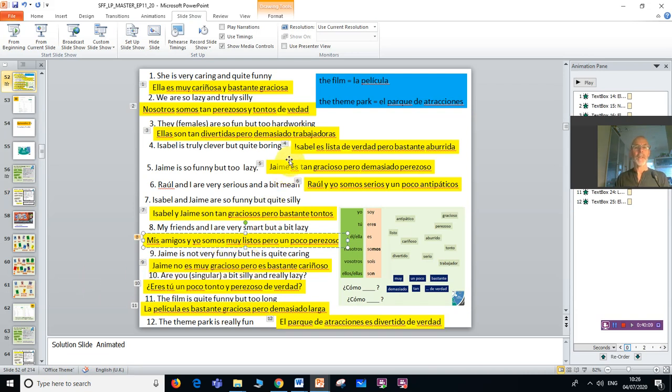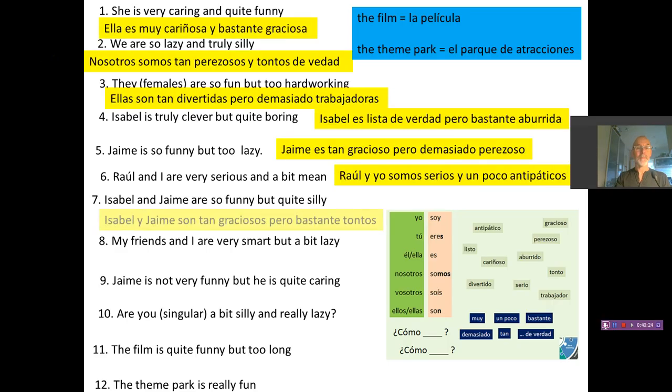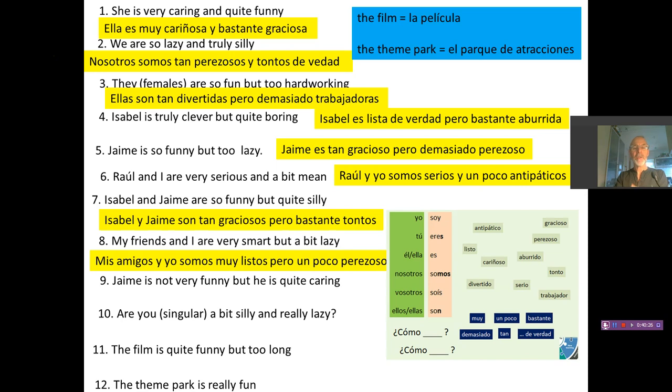There was another mistake that I'd made somewhere as well, I think. I can't remember. So, back to our corrections. Mis amigos y yo somos muy listos, pero un poco perezosos. So it's the we form.